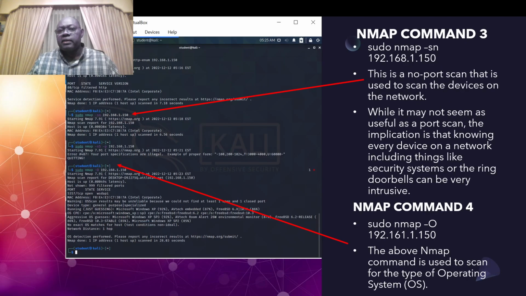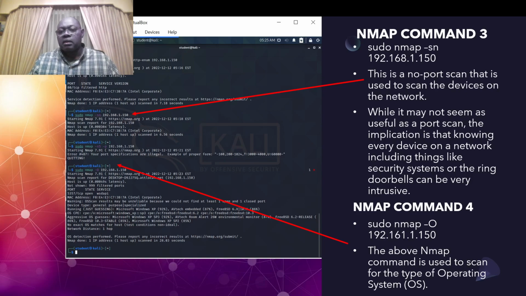The third command is the Nmap -sn command. This is a no-port scan that is used to scan the devices on the network. While it may not seem as useful as a port scan, the implication is that knowing every device on a network, including things like a security system or even a Ring doorbell, can be very intrusive.